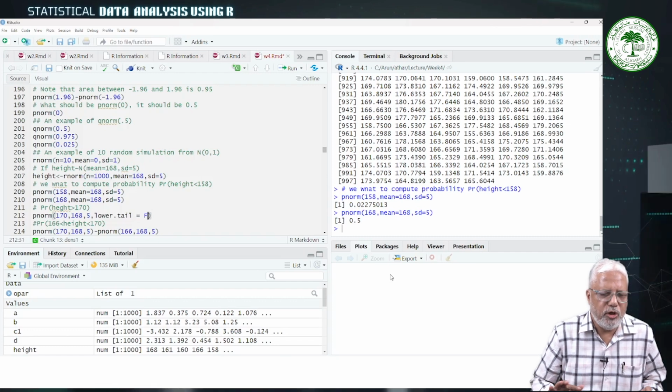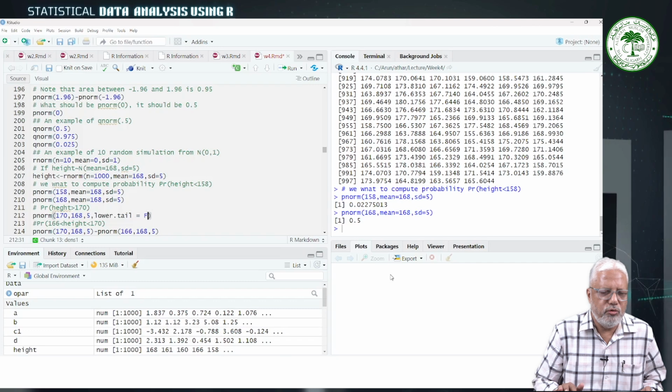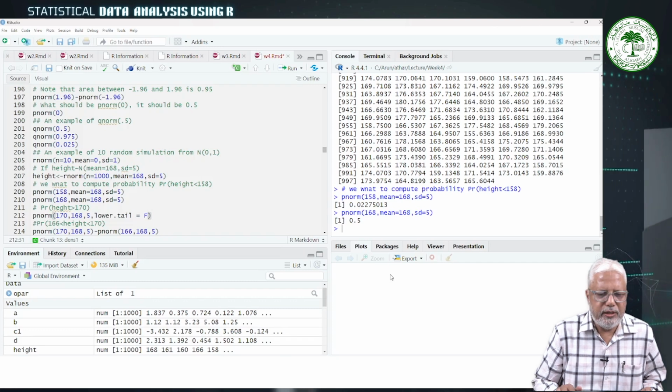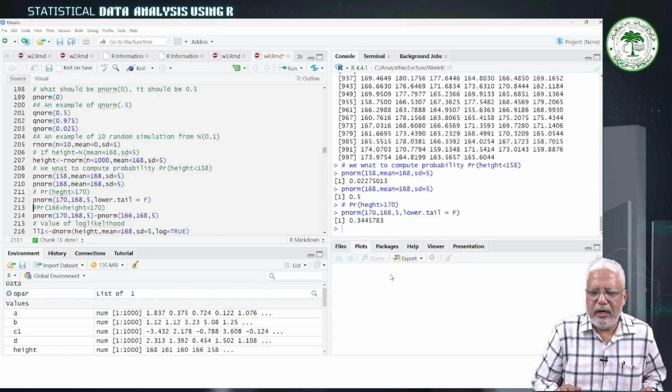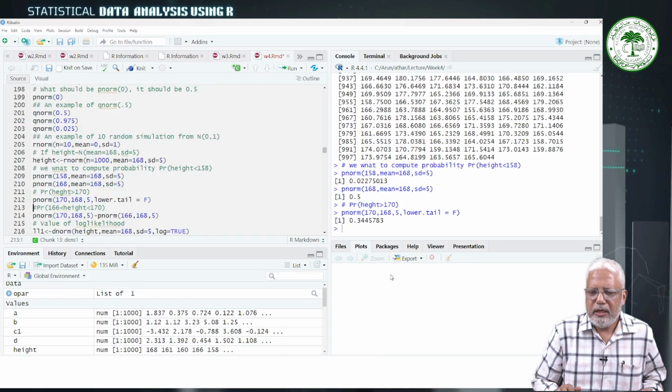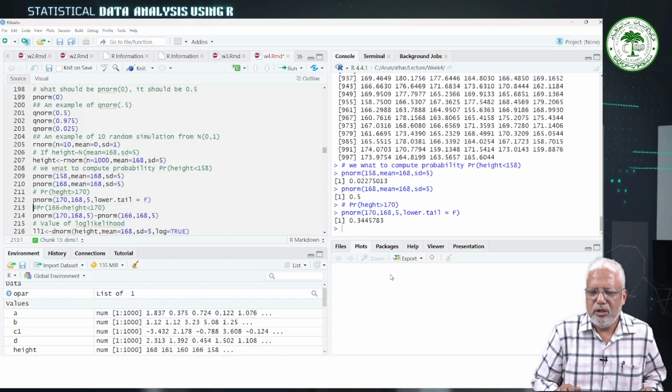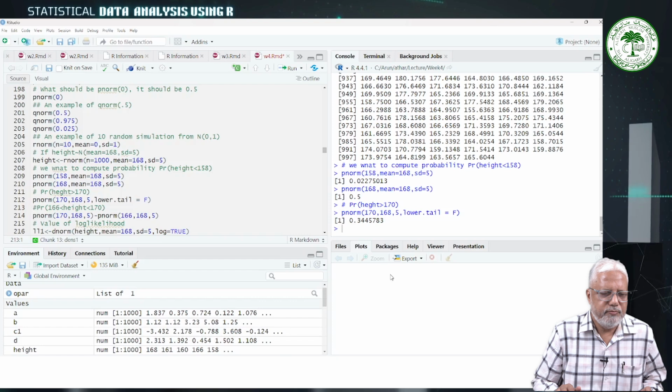But since we want the area greater than 170, we give the additional argument lower.tail equal to FALSE. The area under the normal curve greater than 170 is 0.345.